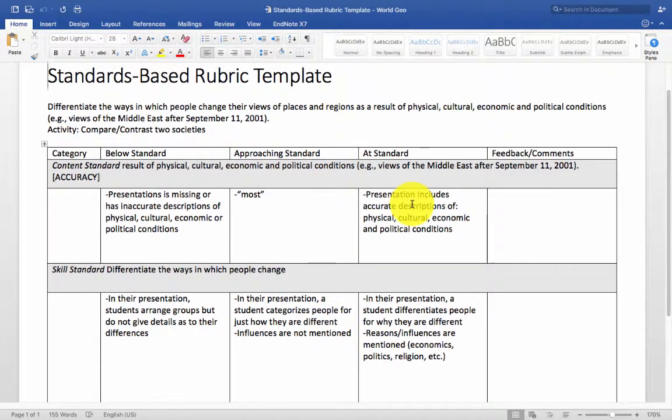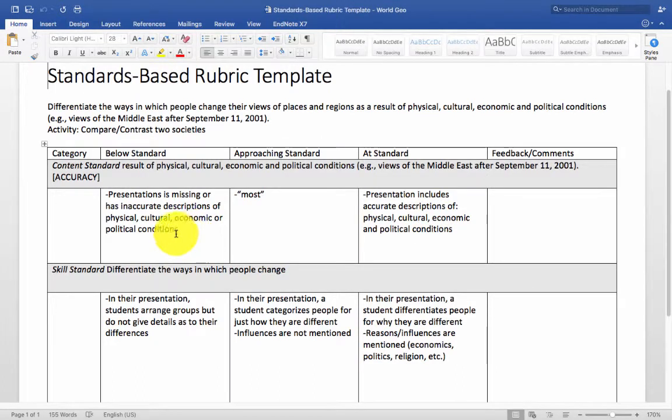Now, the next step when we're looking at a content standard was to take these topics and make sure that the content is accurate in this compare-contrast or this presentation as we were kind of imagining it. Now, at the standard, we want to make sure that we use descriptions such as accurate, and then we list out what the content is.